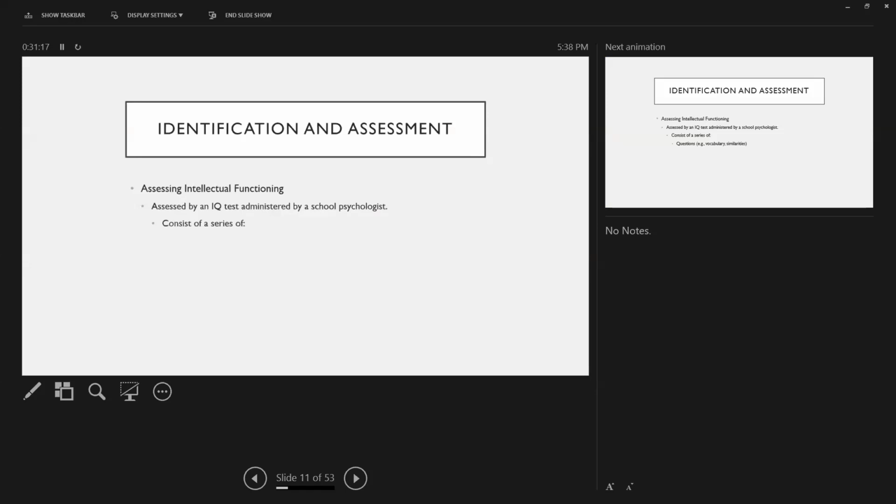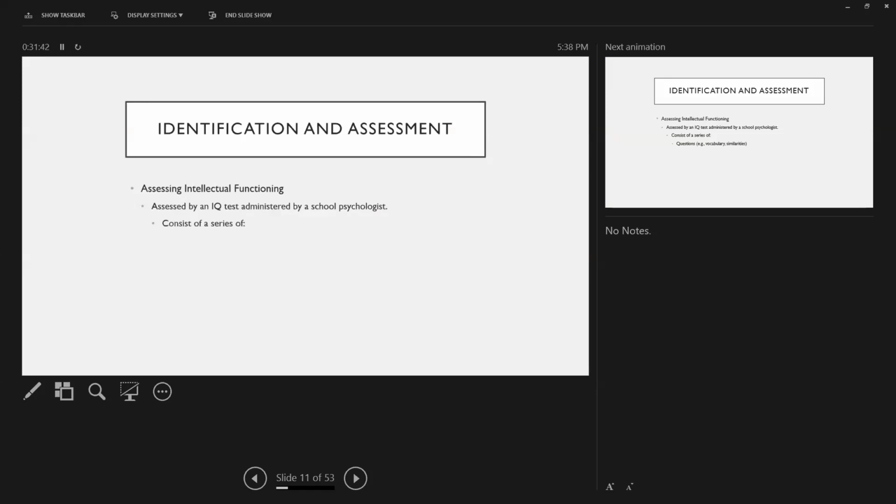So IQ tests are administered by school psychologists, and they're the kind of tests that you have to be professionally trained to administer. Myself, and I'm assuming none of you, are qualified to administer IQ tests.